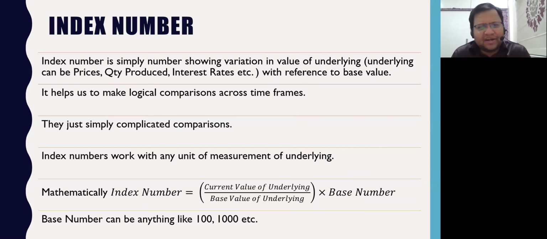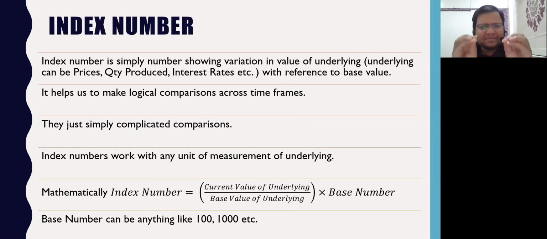Let's say it is 1300. It means the time when it was set, base value was 100 and today's number is 1300. From that time to this time, the change is 13 times. Percentage you will have to work out 1300 minus 100 divided by 100 into 100.